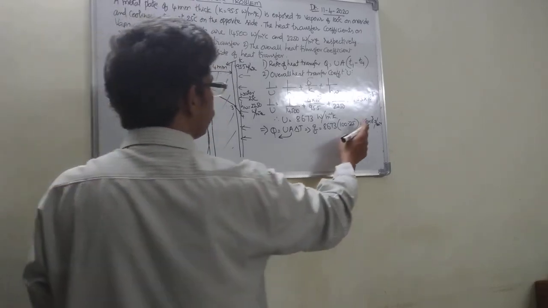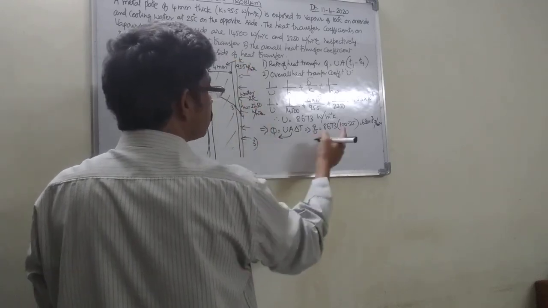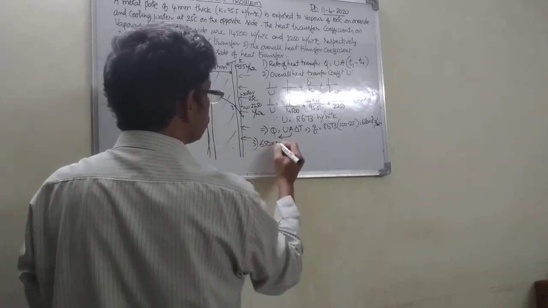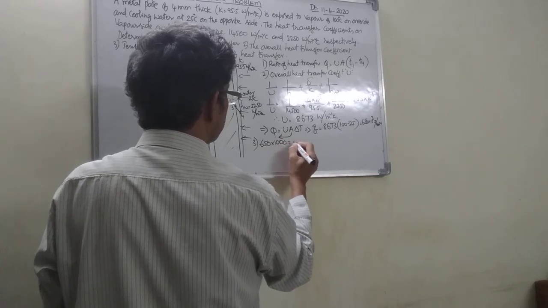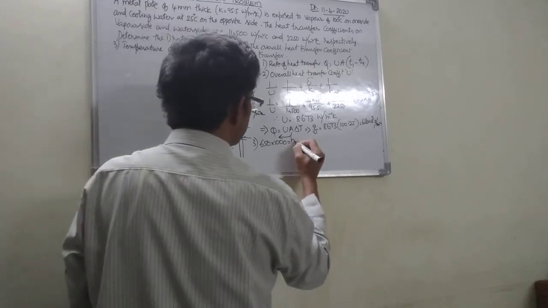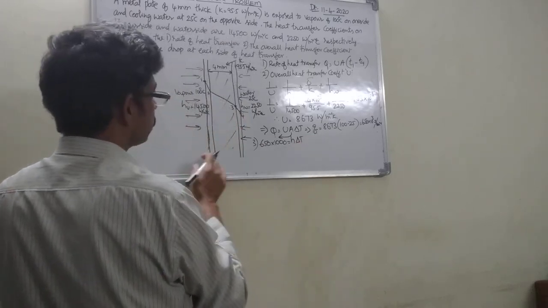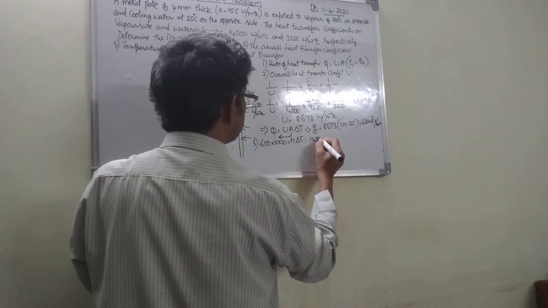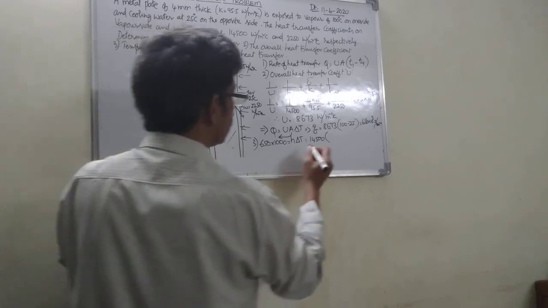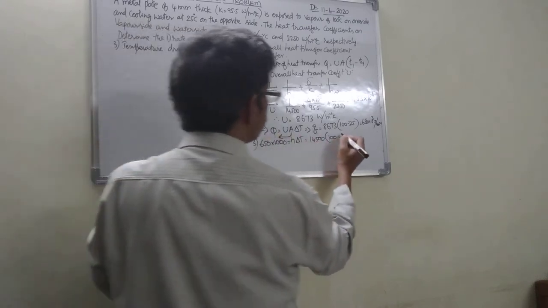So once you have the rate of heat flow, then you can also find the temperatures at every specific point, because the rate of heat flow is always constant irrespective of which portion, so we can apply this formula. Rate of heat flow is equal to H into delta T. In this portion, H is 14,500 into delta T, where T1 is equal to 100 minus T2, which we don't know, so that's what we have to find out.